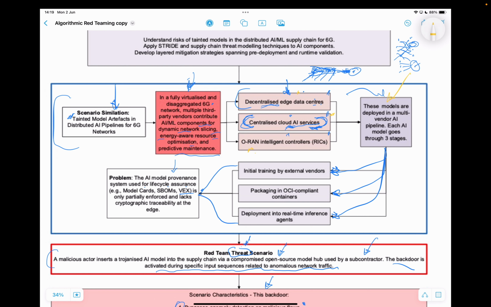So now, here is the critical issue. Provenance controls such as model cards, SBOMs and VEX exist only in theory. In reality, these controls are partially enforced and have no cryptographic traceability, especially not at the edge.